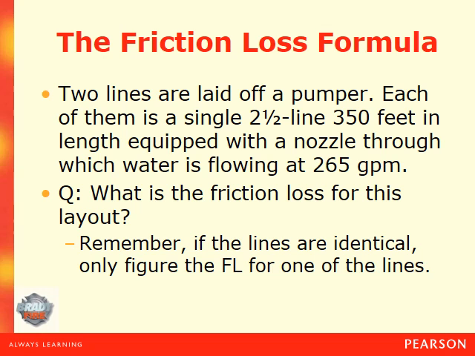Each of them is a single 2.5 inch line, 350 feet in length, and equipped with a nozzle through which water is flowing at 265 gallons per minute. Our question: what is the friction loss for this layout? Remember, if the lines are identical, only figure the friction loss for one of those lines.